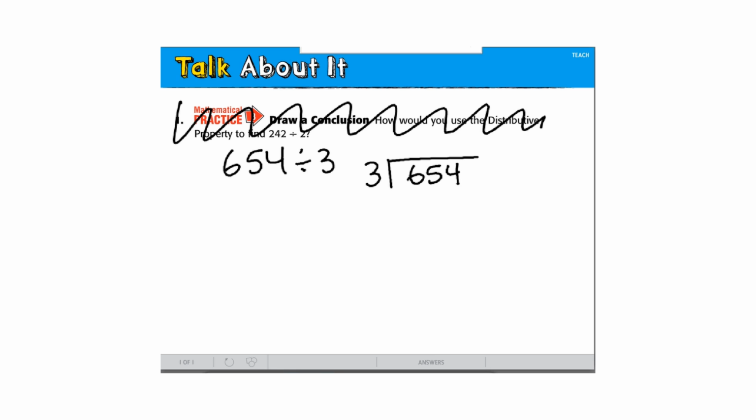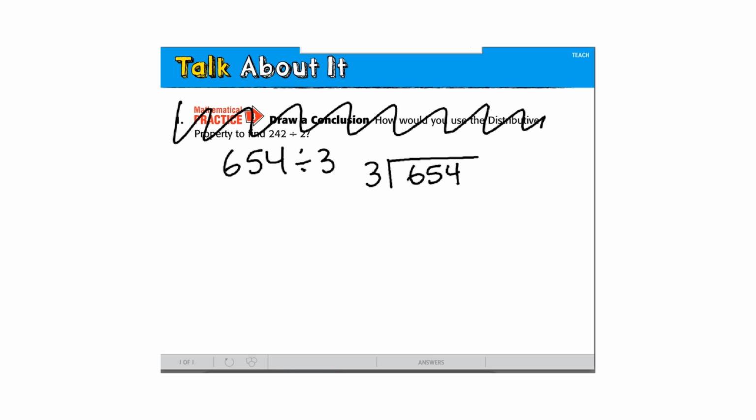Now, between Mrs. Reeves and I, Mrs. Reeves really likes to use the partial quotients model. She understood that one, and that one made sense to her, and she likes doing it that way. And I would rather do the distributive property one, the one with the area models, if I had to choose between these two ways. So I'm going to show you the other way, and if you don't really like it, then you're not going to have to use it today. I want you to just think about it, because for some people, it's going to be something that they understand better.